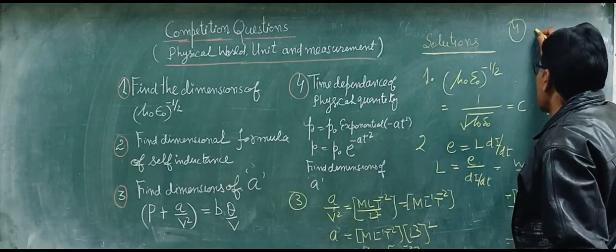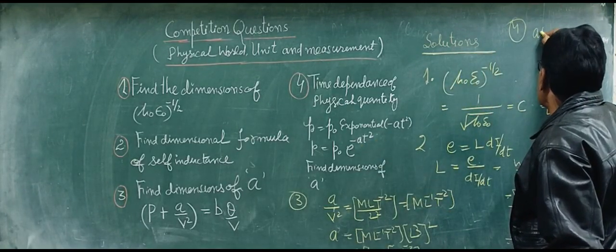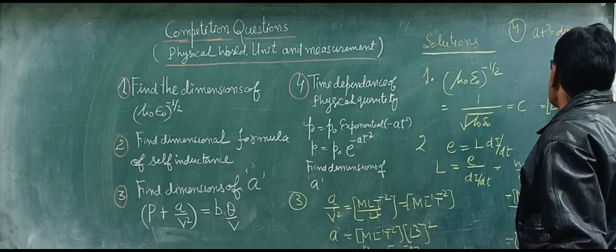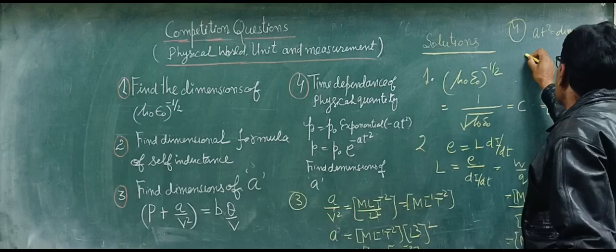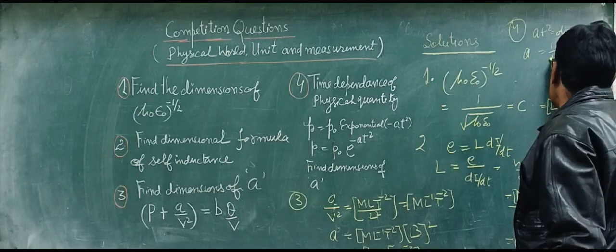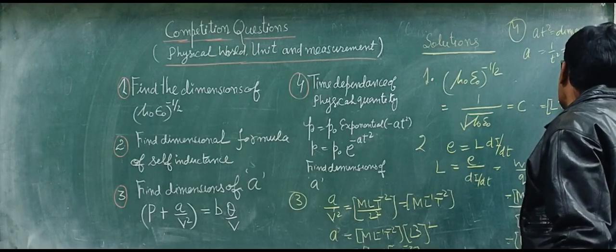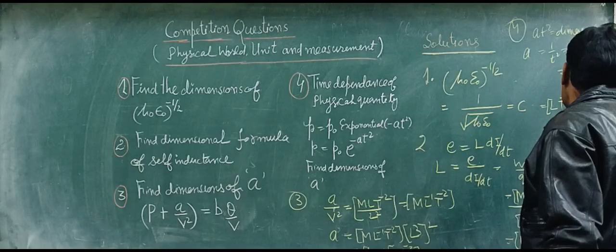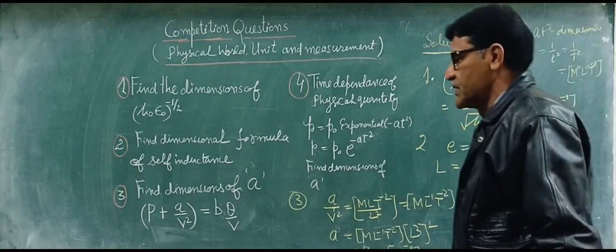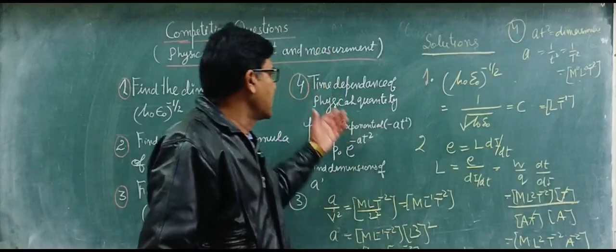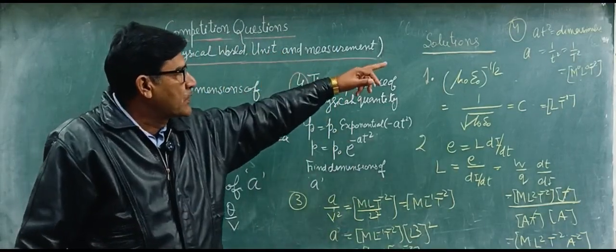So I can immediately write that a t squared is dimensionless. Therefore a is equal to 1 by T squared, and it is equal to M^0L^0T^-2. This is the solution of question number 4.